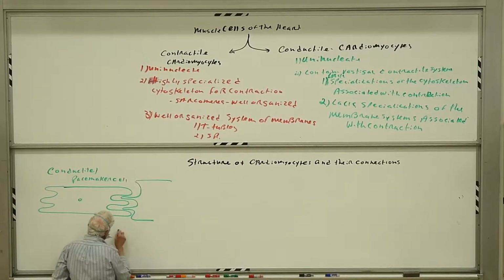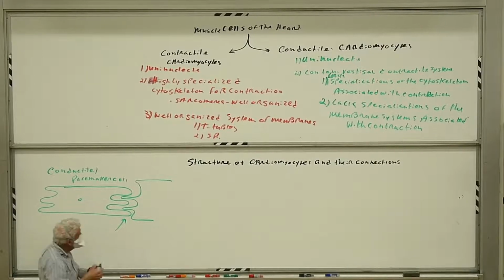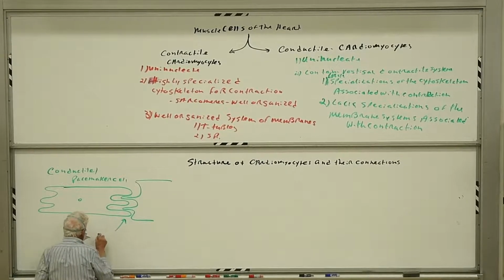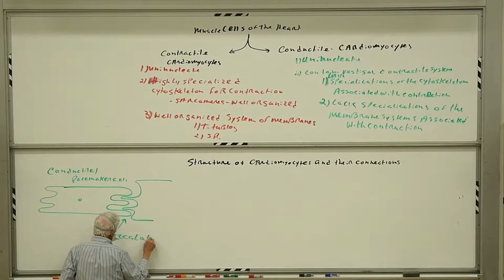And these structures, where the ends of the cardiomyocytes interdigitate one with another, have a name. These are called the intercalated disc.